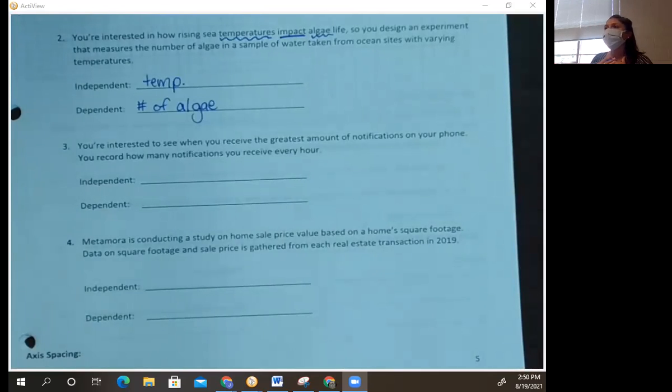Do I get to pick when I'm sent notifications? No, this one's kind of tricky. Since I'm not in charge of that, that would be cheating, right? If I said, like, Steven, you gotta post something on Instagram or like my stuff so that I get notified, that's cheating, right? I'm not in charge of when notifications come in, but I can control the intervals of time that I study. Does that make sense?